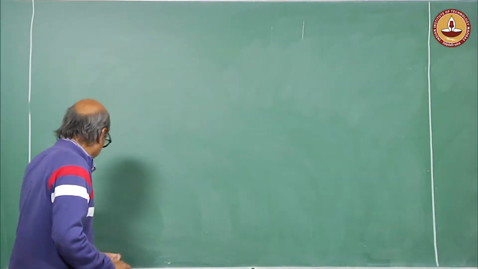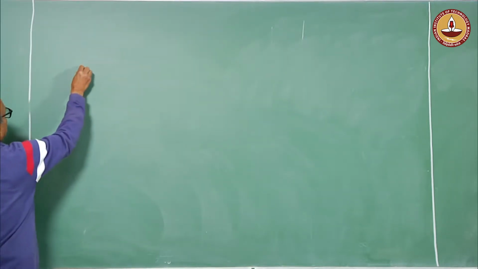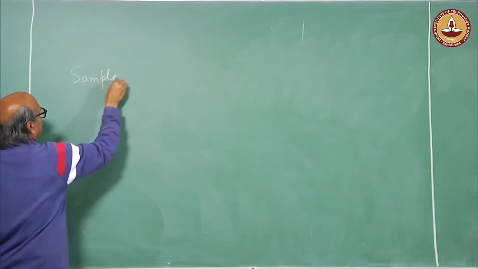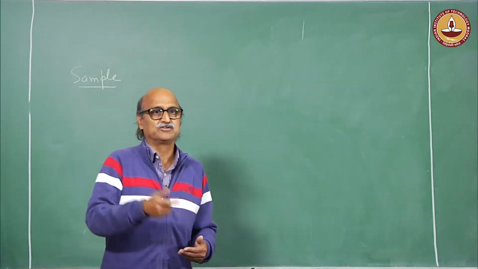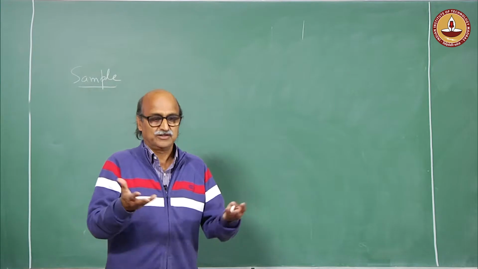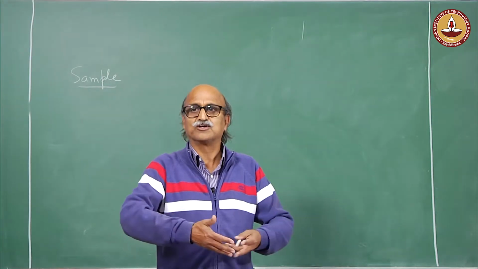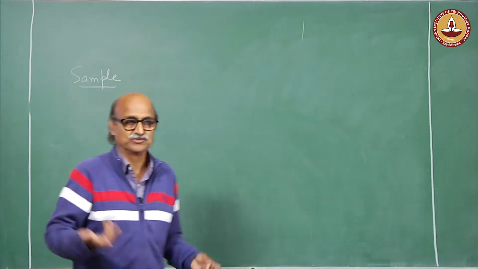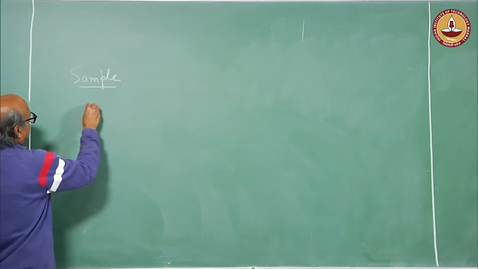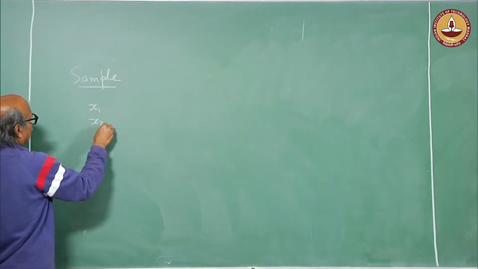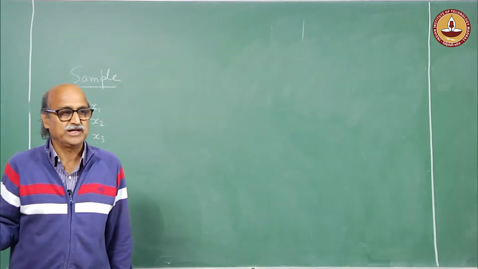So, the first thing that we do in any prediction is take a sample. Like in one of the lectures, you were given a nodular cast iron microstructure, and it was a small area from which we were trying to predict the volume fraction of the graphite nodules. In general terms, you would make measurements x1, x2, x3, and let us say go all the way to xn.